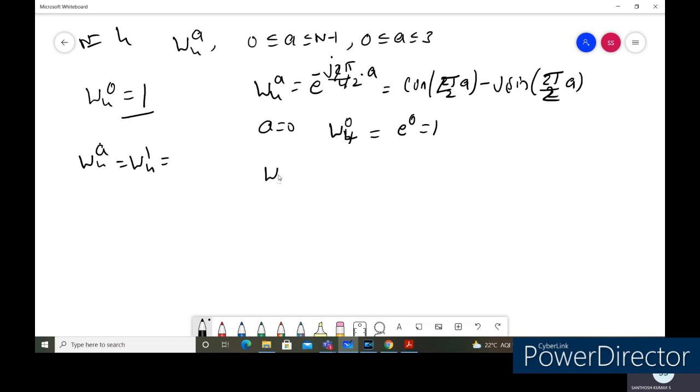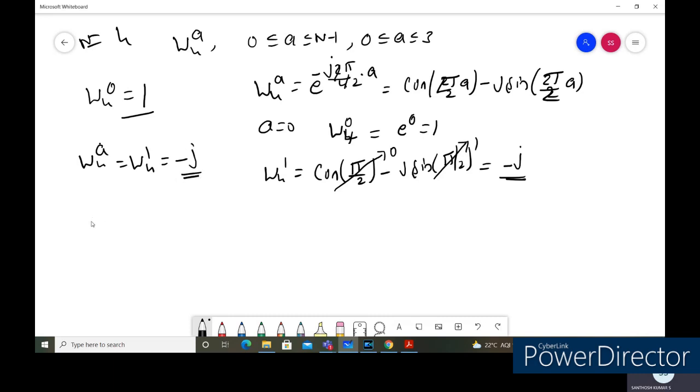Omega 4 to the power of 1 we can write as cos pi by 2 minus j sine pi by 2. Cos pi by 2, which is cos 90, is equal to 0, and sine pi by 2 is nothing but 1, so we get minus j. So omega 4 to the power of 1 is nothing but minus j.